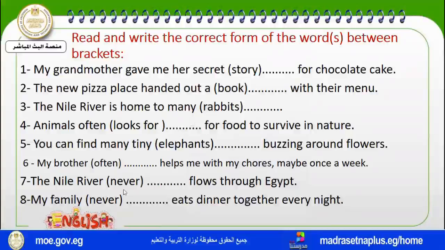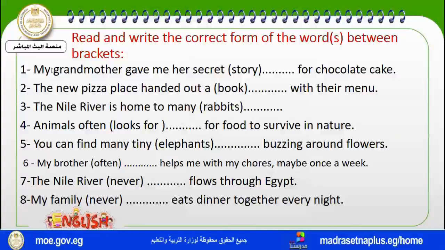What are we going to do? We are going to see if this word is correct and matches the sentence, or if it is incorrect and doesn't match the sentence. And we are going to change the incorrect word to the correct one.